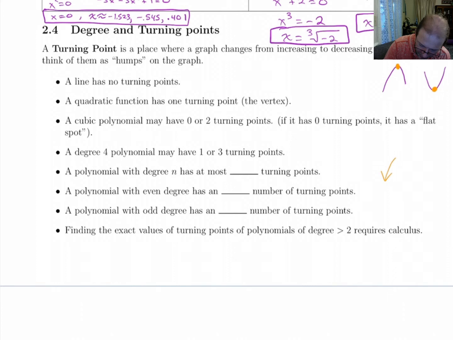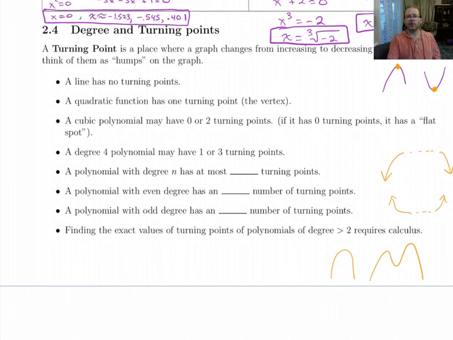It's either down on both ends, or it's up on both ends. It's possible to get 3 turning points. It's possible to get 1 turning point, but you can't get 2 turning points on a degree 4, because if you turn around exactly twice, you're going to wind up with your end behavior one end going down, one going up, or the other way around.